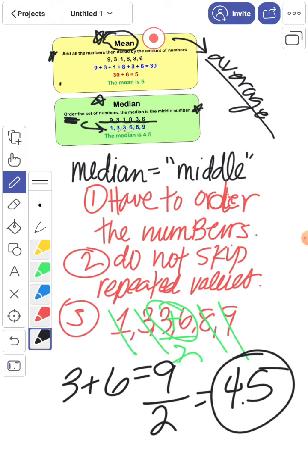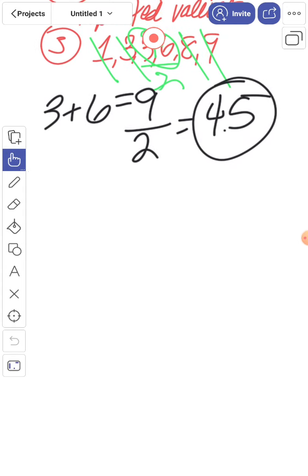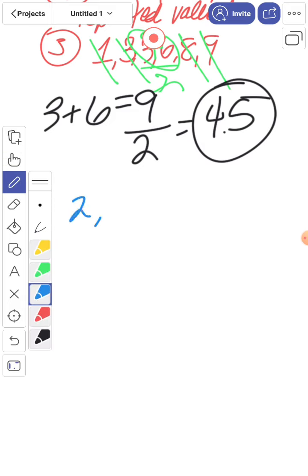But say you have another example. Say you have a different list of numbers: 2, 3, 9, 15, and 22. So here you have 1, 2, 3, 4, 5 numbers.